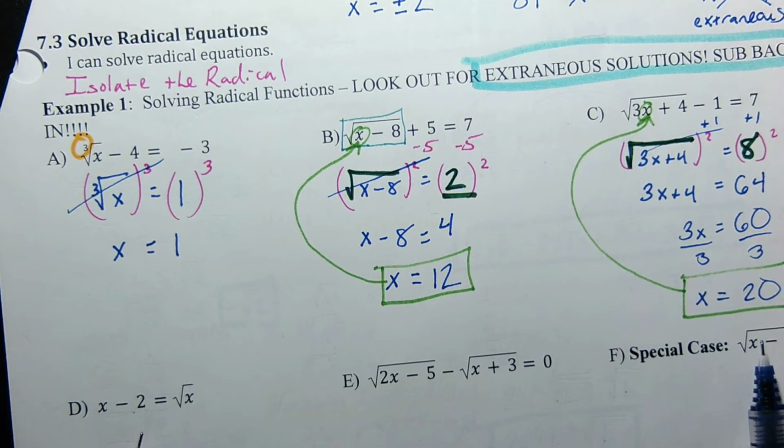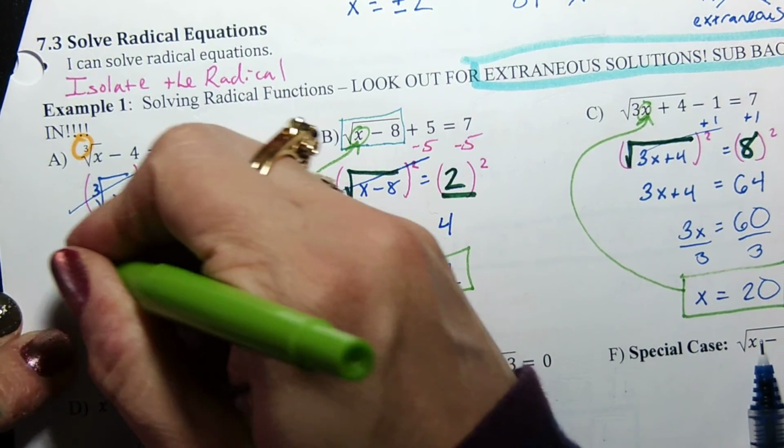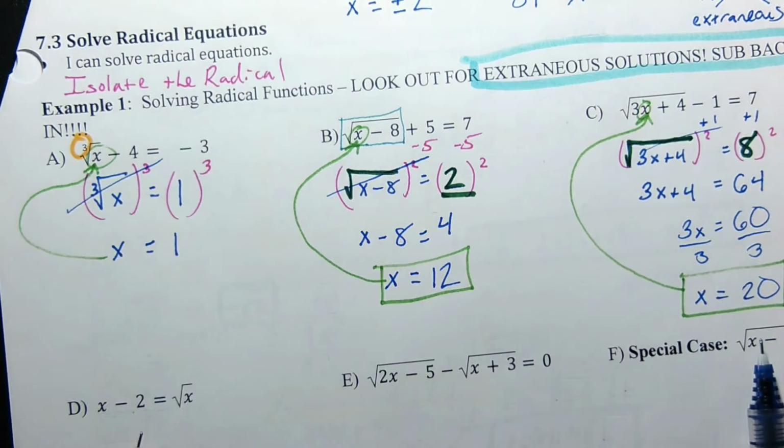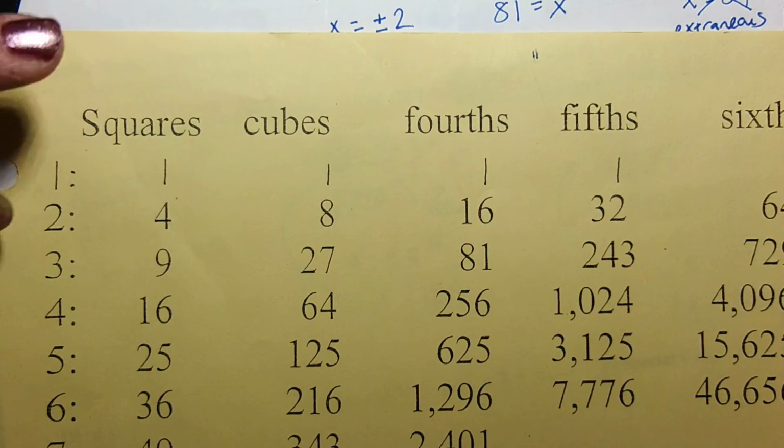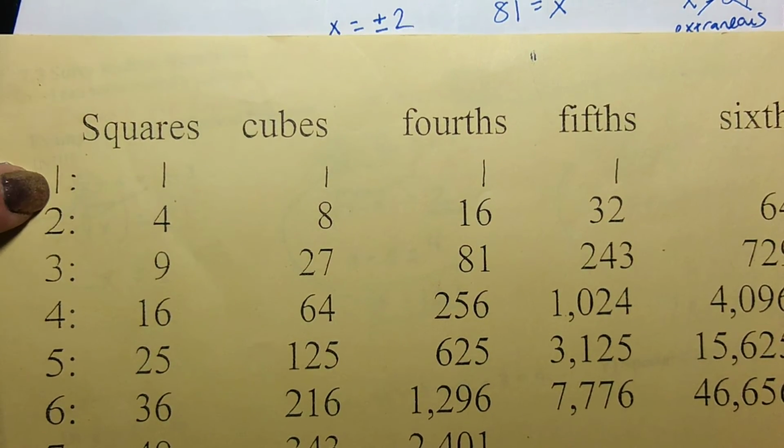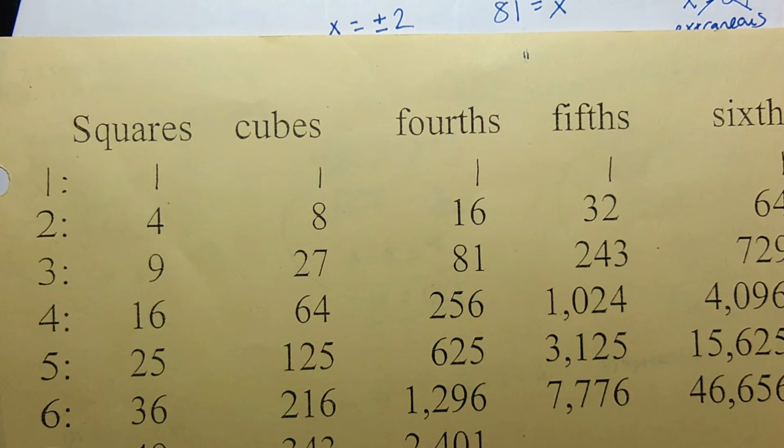We plug back in. Now, I'm pretty sure we have this added on our sheet. It might not be on the purple sheet if you have that version of it. So if you don't have it written there in the first row, I want you to add that 1 is a perfect everything.